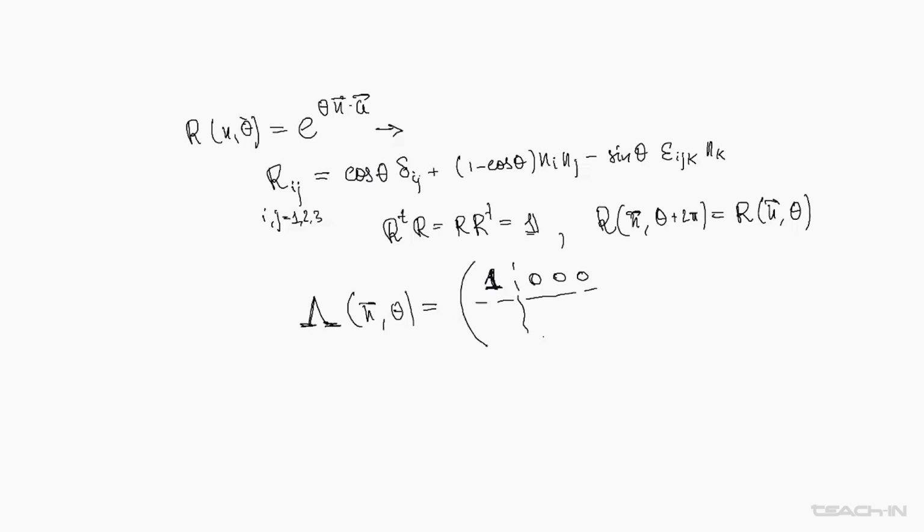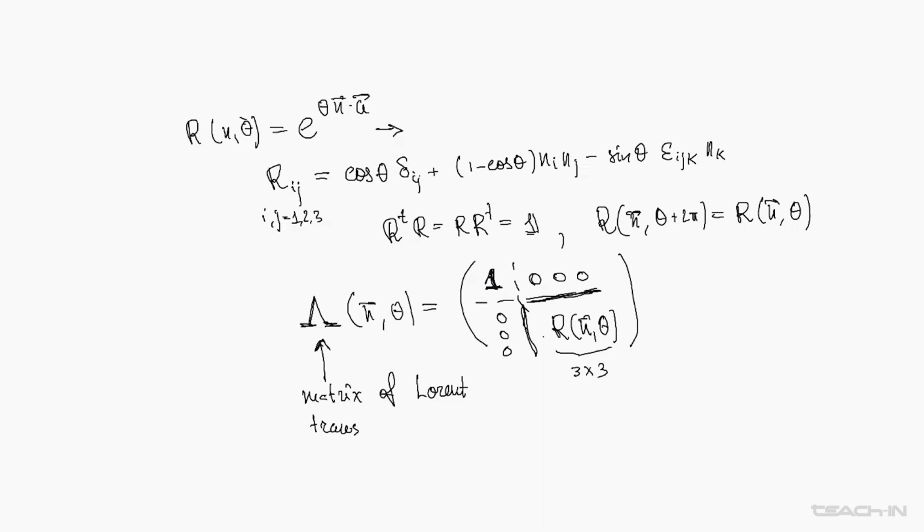And on this 3 by 3 block, you put R(n, theta), our 3 by 3 matrix. So this is a matrix of Lorentz transformation which is a rotation.